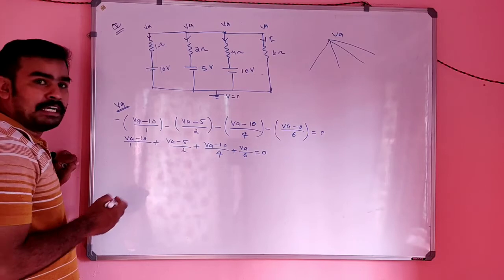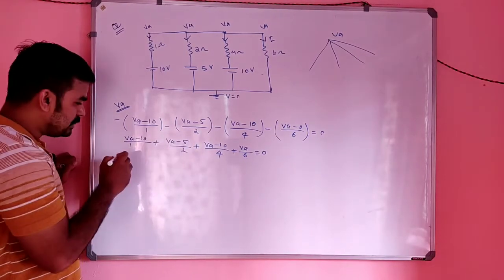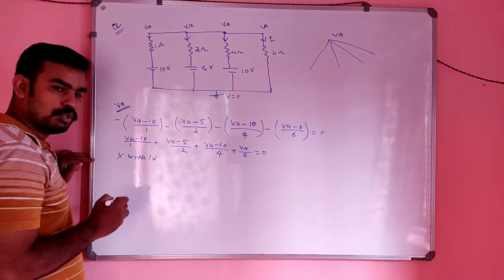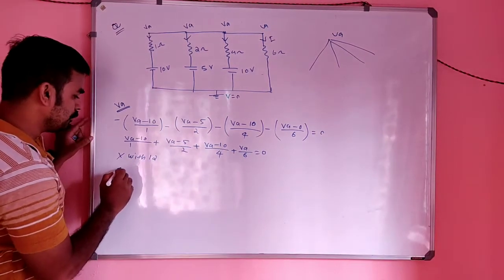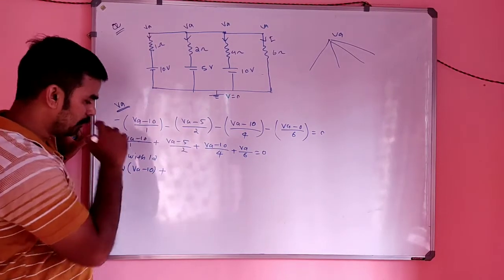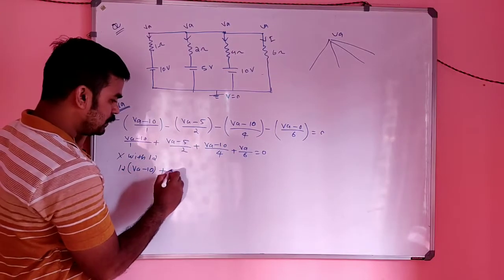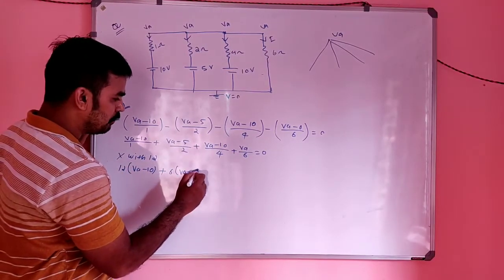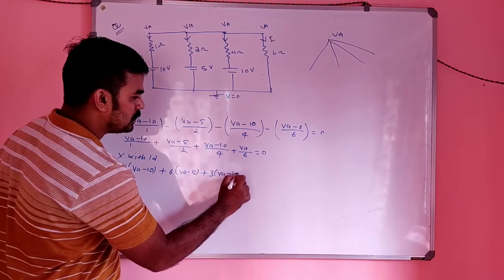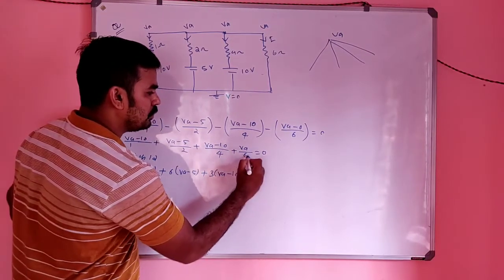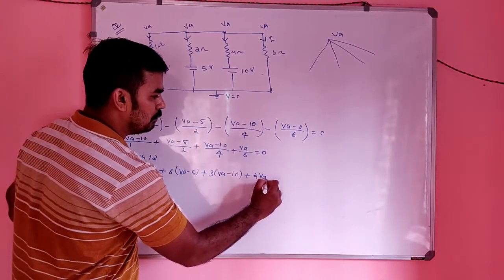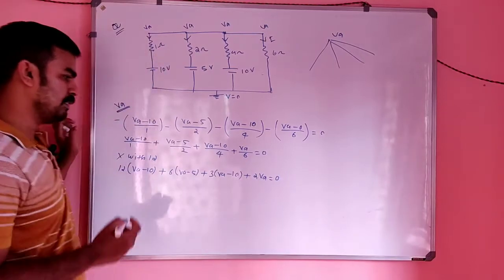So can I multiply both sides with 12? It will be very easy, no? Multiply with 12. So what do I get? 12 into VA minus 10, plus 6 into VA minus 5, plus 3 into VA minus 10, plus 2 into VA, equal to 12 into 0, which is 0, right?